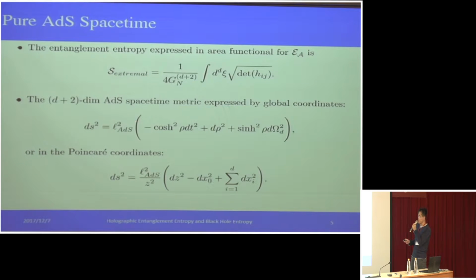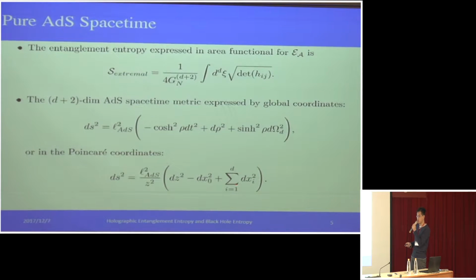Okay, and then our setup: there are two kinds of coordinates we use to represent the ADS spacetime. One is the global metric, and another is the Poincare coordinate here.